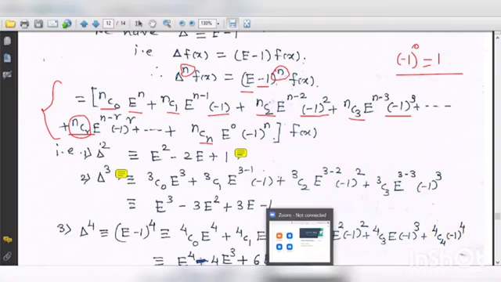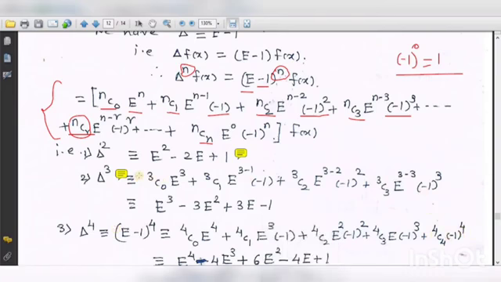When you take the values of a and b from any expansion, take them along with their sign. Here, comparing with (a plus b) square, a is E and b is minus 1.